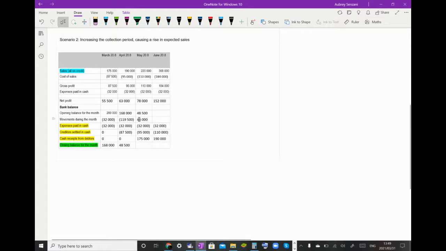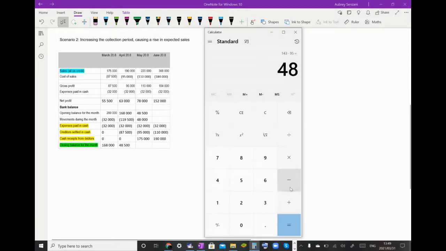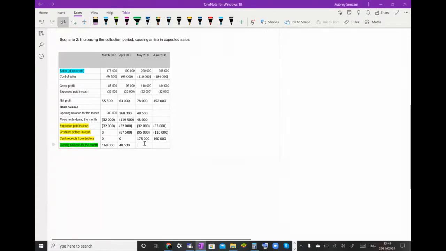So that positive 48,000 plus a positive 48,500. What does that give us? Let's see. Plus 48.5. You get 96.5. 96,500 in other words.